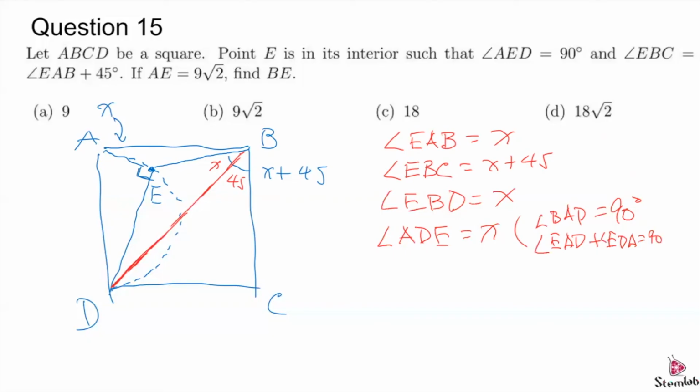But BAD is X plus, let's call this thing Y. So that means that this angle here should also be X. Okay.